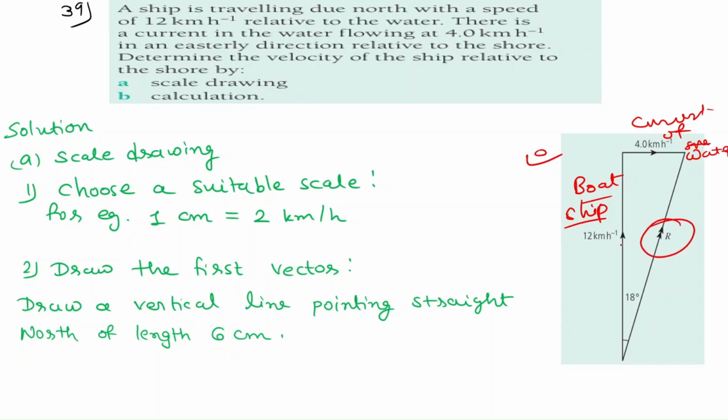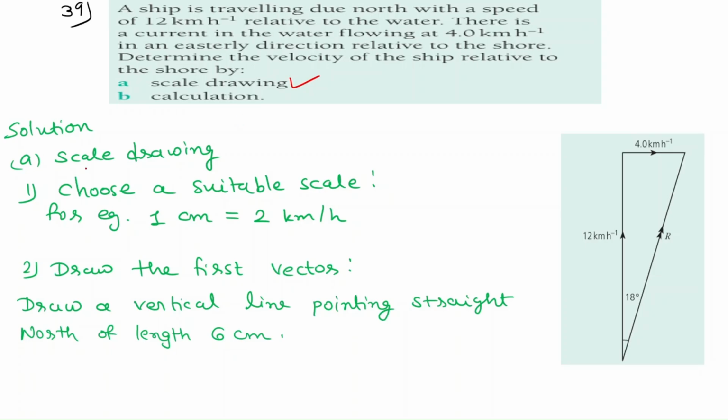So you have to find the resultant vector we talked about earlier, where we add vectors. We have to find the resultant one. So we have to use the tip to tail method. So first, I am talking about the scale drawing.